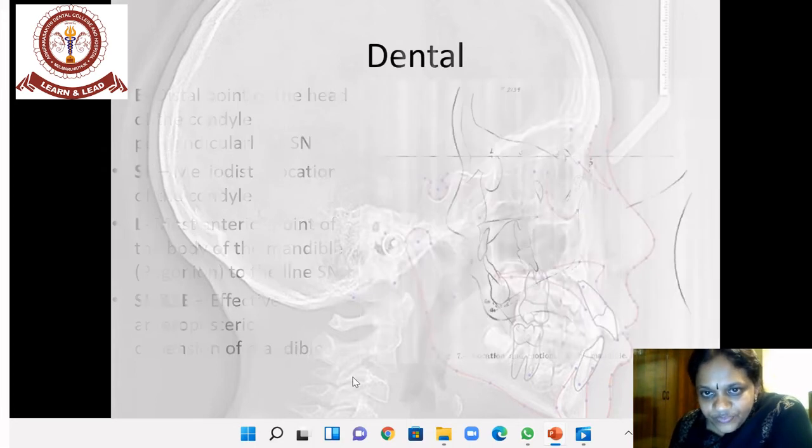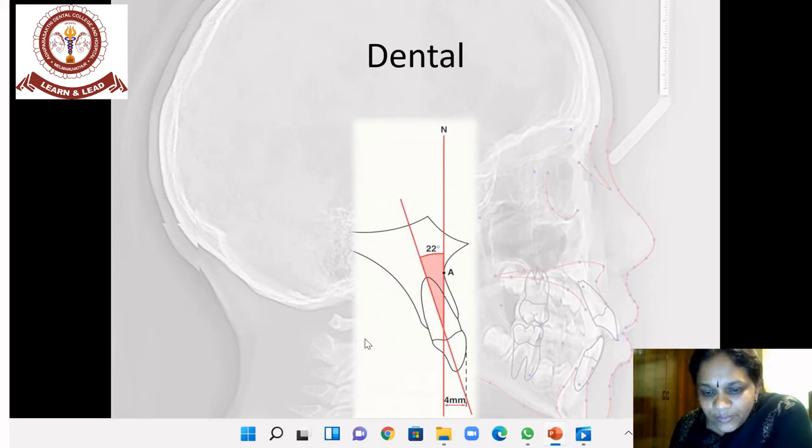So this tells you the effective anterior posterior dimension of your mandible in relation to your cranial base. So coming to the dental parameters, you have NA angular and NA linear. NA angular is nothing but you have to draw the long axis of your upper incisor, and measure the angle formed between the NA line and this long axis. Usually it should be 22 degrees.